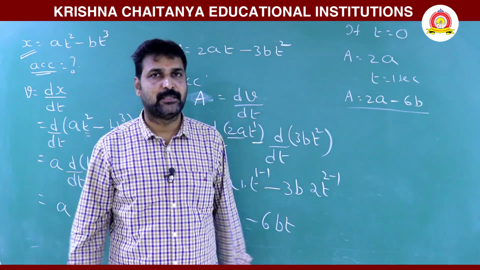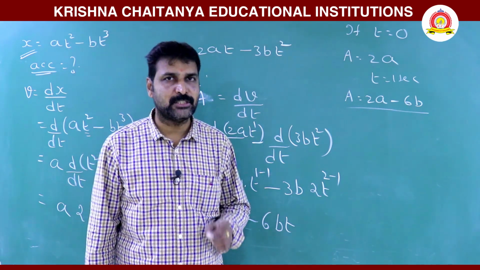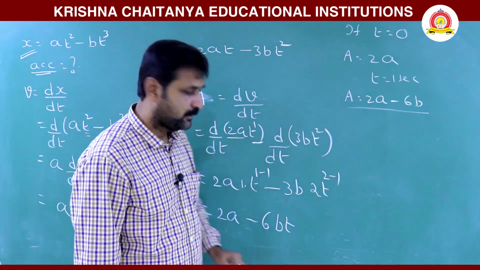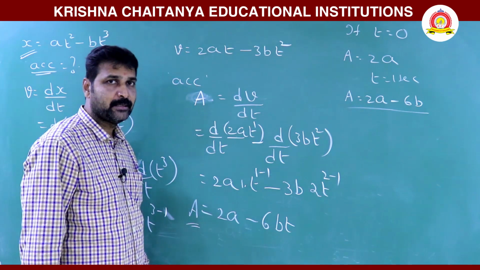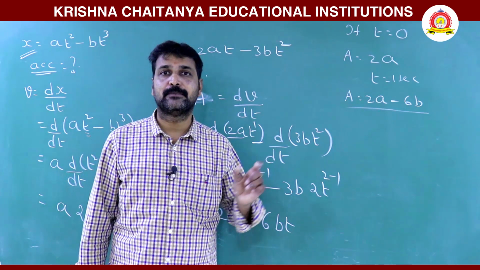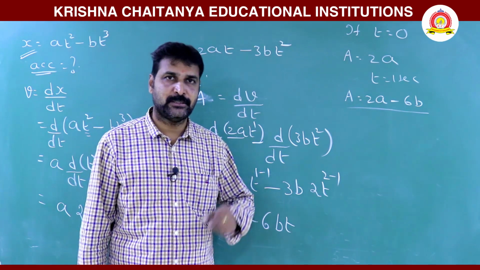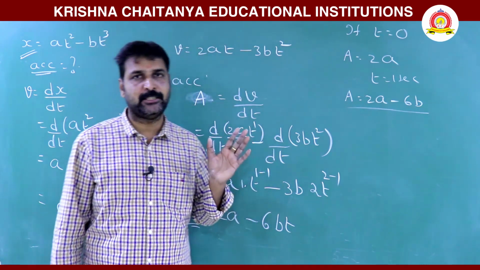These equations we can use when acceleration is constant. But in cases where acceleration changes with time, those equations of motion are not valid. Then we have to change the equations; the formation of the equations of motion will be changed.